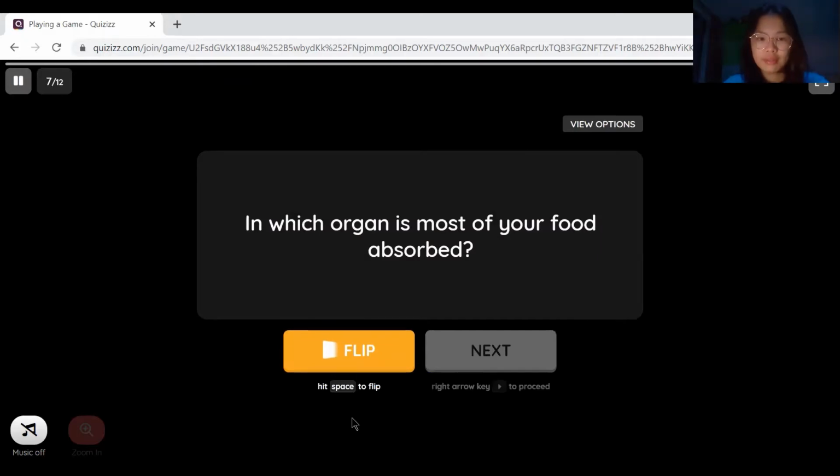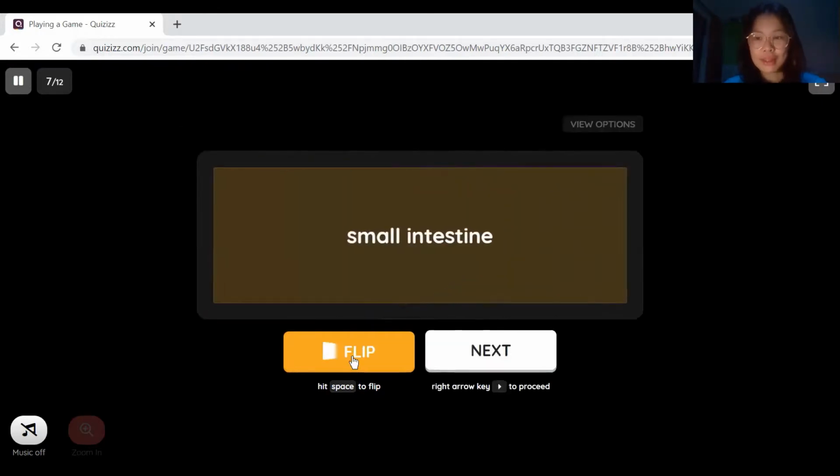Seventh question, in which organ is most of your food absorbed? I hope you guys are locked in. I will be flipping it. It is the small intestine.